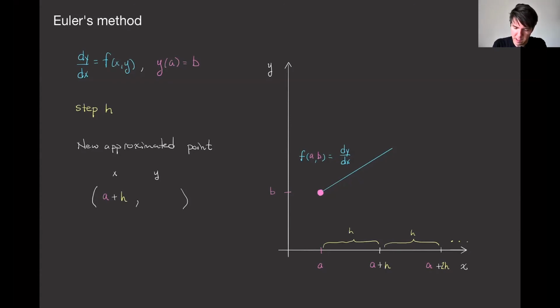Graphically, this is kind of nice to see. We want to think about where the y value would be. Well, the y value is going to be above a plus h.